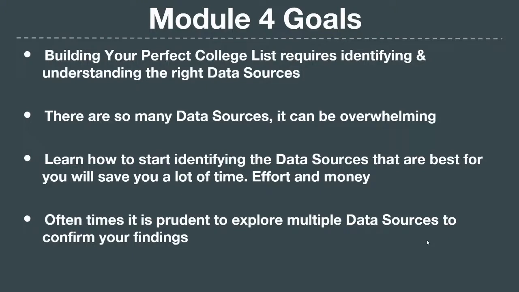Regardless of the options we provide or suggest, it is usually recommended that you use multiple sources to verify and confirm the data and your findings. You will find that it's very likely that despite looking at information for a similar school, you might get contrasting information or results.